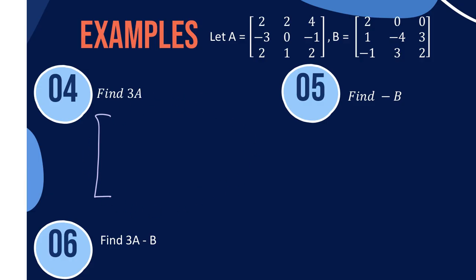So looking at the first one, I have 3 times 2. What would I get? 3 times 2 would give me 6. 3 times 2 would give me 6 again. Again, don't forget to leave those spaces.